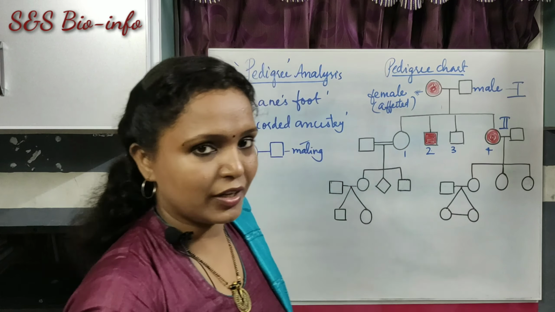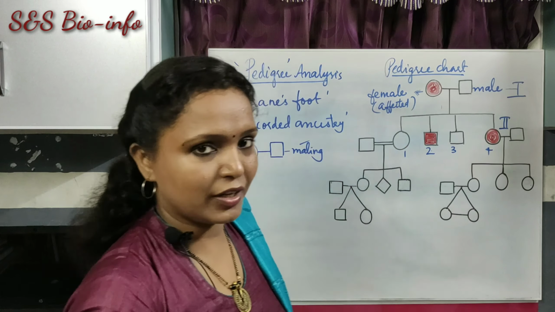Then here you can see one female, the first child, got married to a man. Here you can see two horizontal lines. Those two horizontal lines represent the mating of relatives, a specific type of mating, that is consanguineous mating.